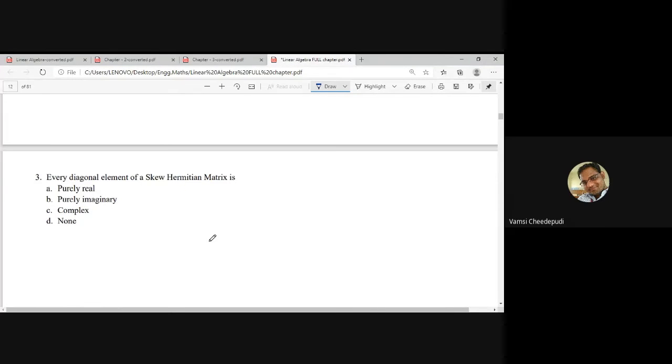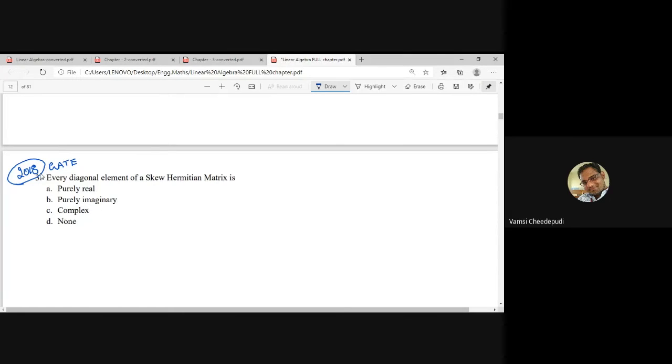Now I hope you can solve this question, which was asked in the 2018 GATE exam. Try this question. Every diagonal element of a skew Hermitian matrix.